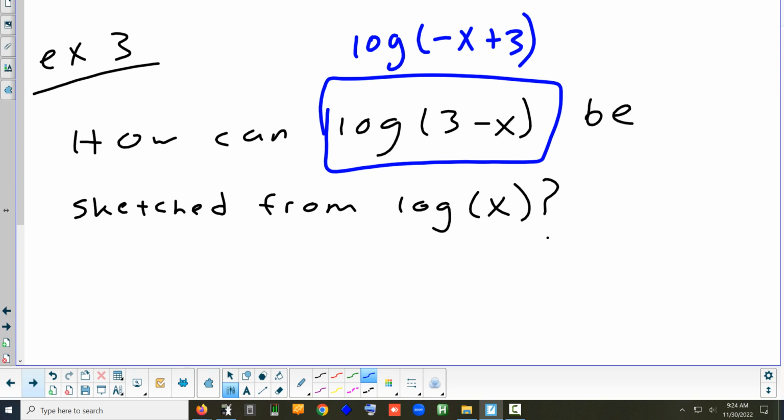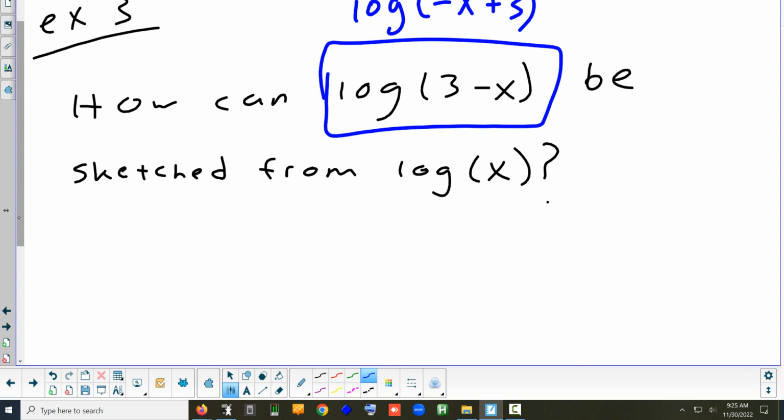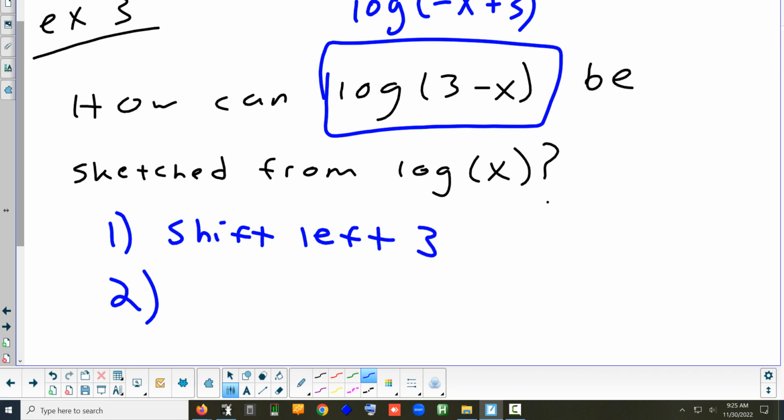So how many transformations do we have here? Two transformations. The negative is going to do something, and then the 3 is also going to do something. What does the plus 3 do? Remember, that's addition inside. We shift left by 3. And then what about the negative in front of the x? It's just like the last one.